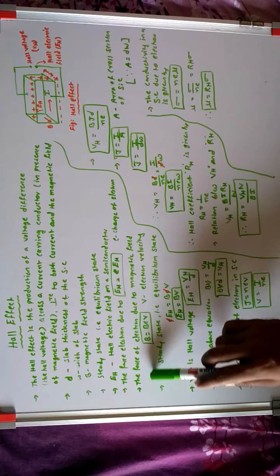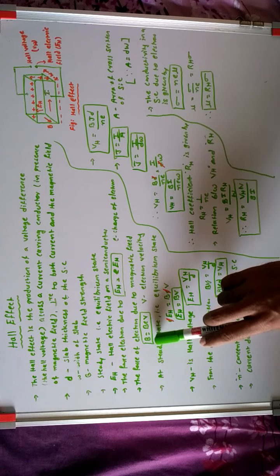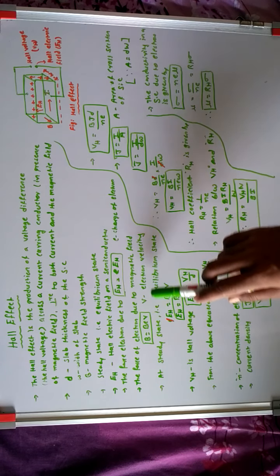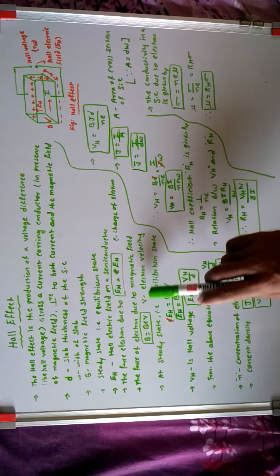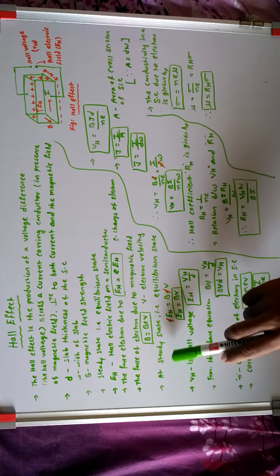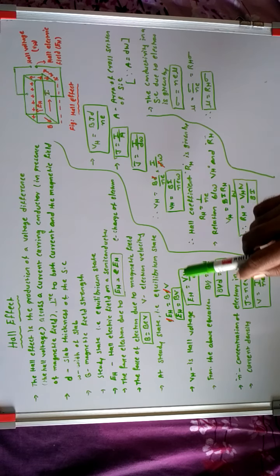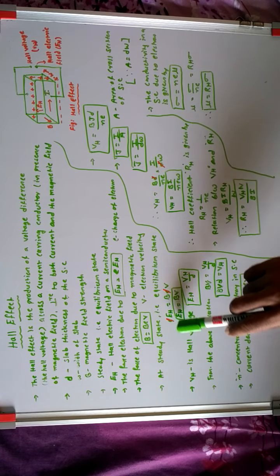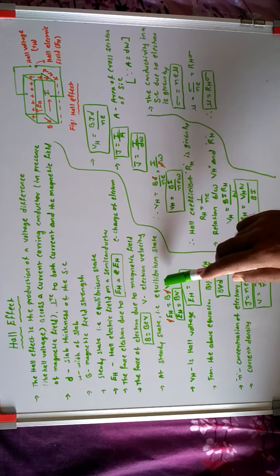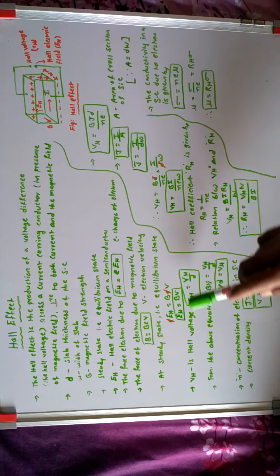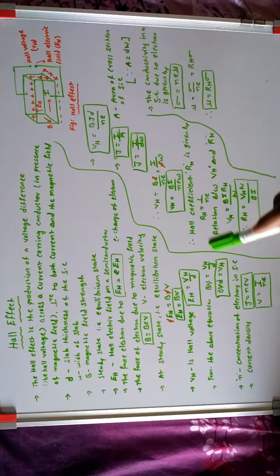Next, the force on the electron due to the magnetic field is B e v, where B is the magnetic field, e is the charge of the electron, and v is the velocity of the electron. At the steady state, both forces are equal, so e EH equal to B e v. e cancels, so the final solution is EH equal to Bv.